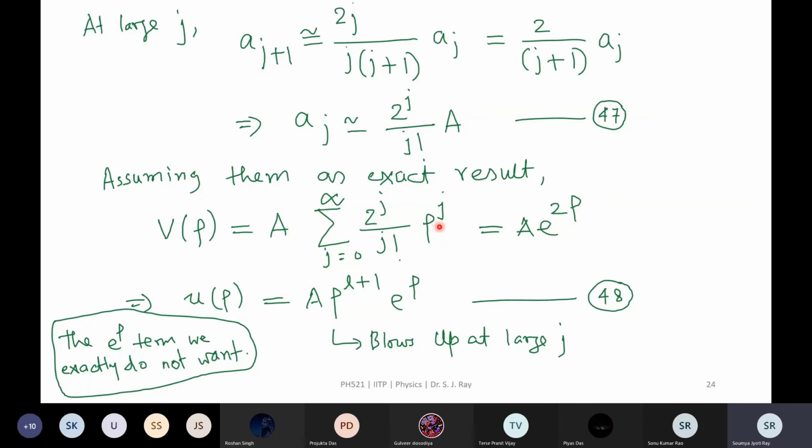This will give me A times e to the power 2 rho. Or I can also write u of rho, which is r times v of rho, will be basically A times rho to the power l plus 1 times e to the power rho.